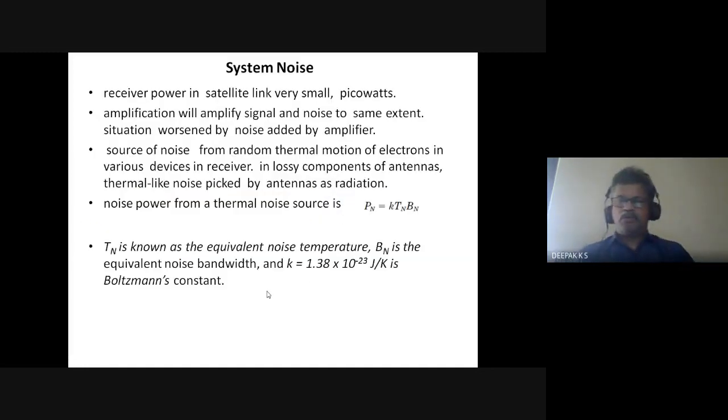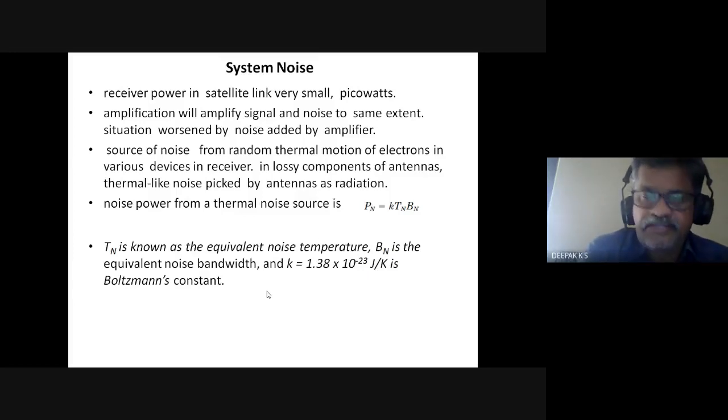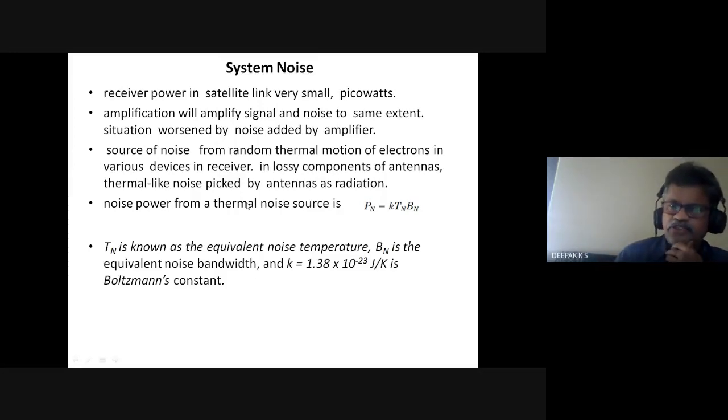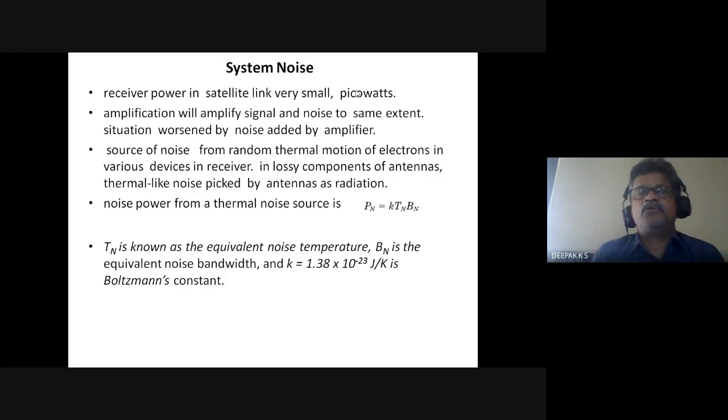Now we need to account for some noise effect, system noise. So noise, you might have come across this portion somewhere before. The received power in the satellite is very small, in picowatts. So what can be done there? You receive only an order of few picowatts.